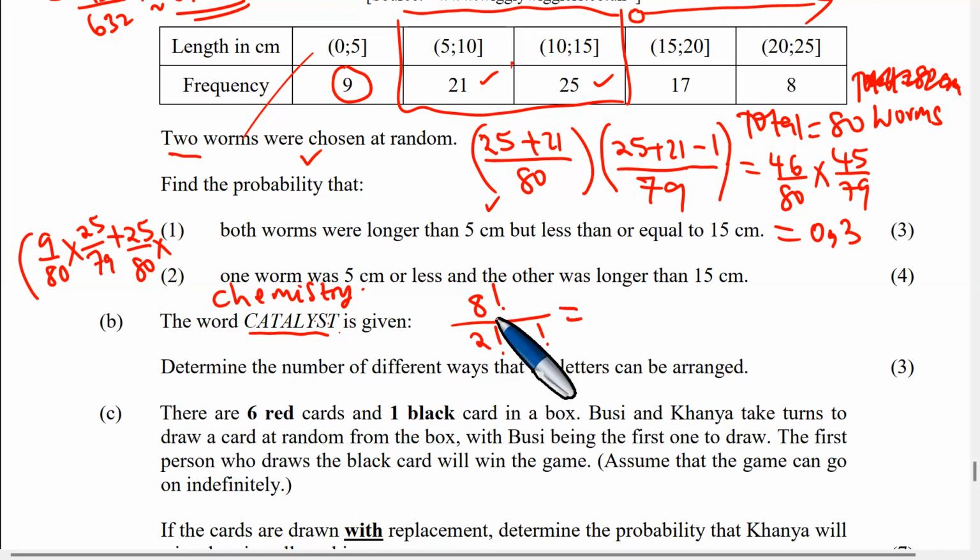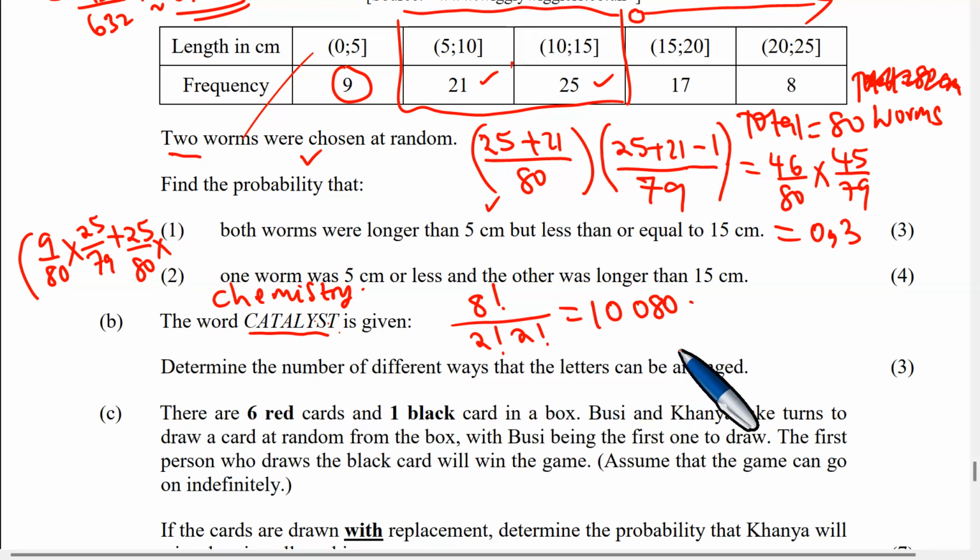And if you use a calculator, 8 factorial over 2 factorial, 2 factorial is the same as 10,080. Determine the number of different ways that the letters can be arranged. The letters can be arranged in exactly 10,080 ways in the word catalyst.